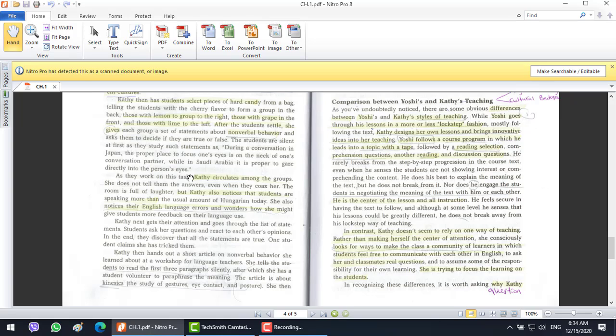Then after a few minutes, Cathy notes that the students are speaking more English than the usual amount, and are using their mother tongue less. So she notes their English language, their errors, and how to correct them.